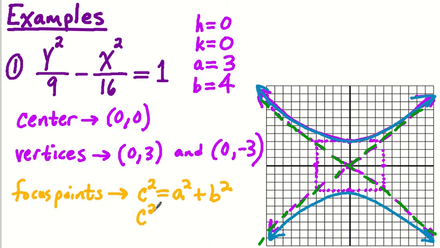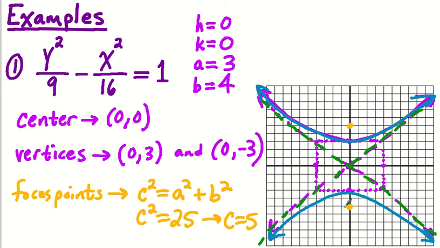So C squared equals 25. So that means C equals 5. That turned out nice. This hyperbola opens up and down, so my focus points are 5 spaces above the center, 1, 2, 3, 4, 5, and then 5 spaces below the center.